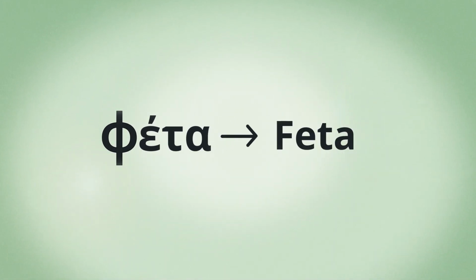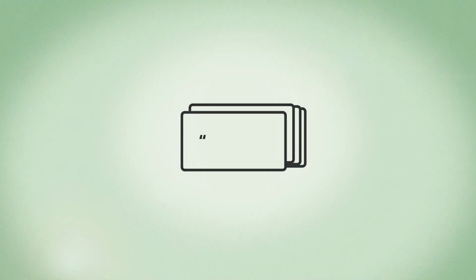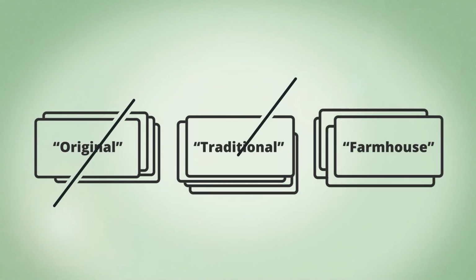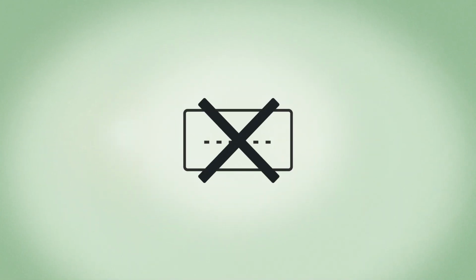If more than one name is used for the same product, for example, Nocciola Piemonte and Nocciola del Piemonte, the names must be separated by a slash. This double name should be used throughout the document. Names containing descriptive or qualitative words such as original, traditional, or farmhouse should be avoided, and any made-up name for the sole purpose of creating a new GI is not eligible.